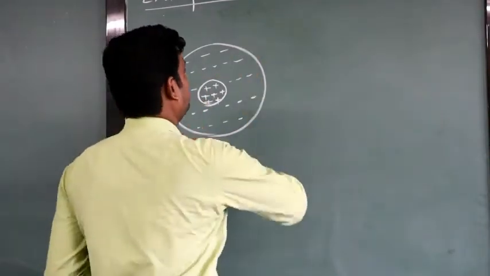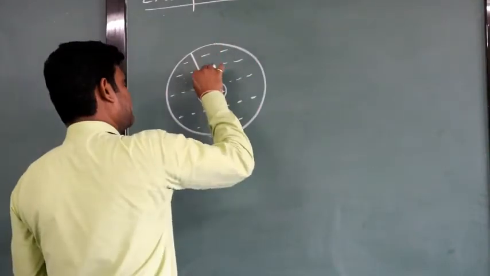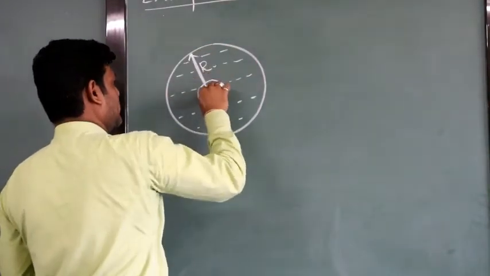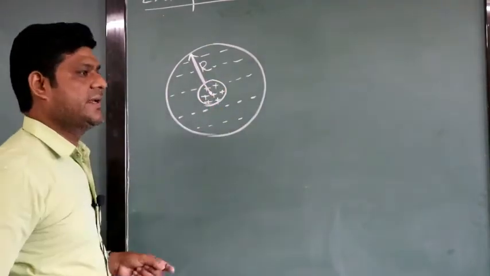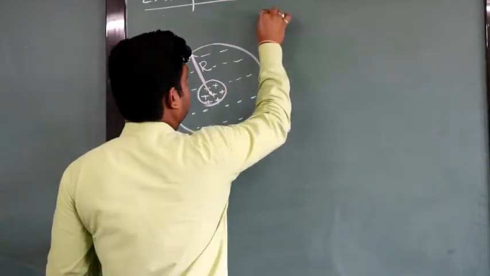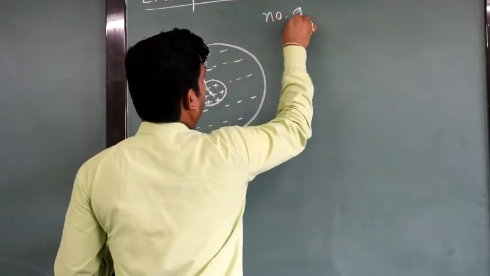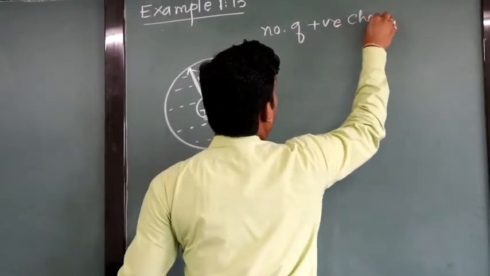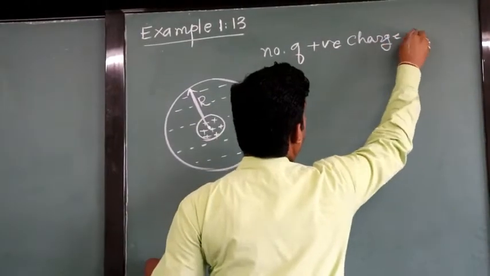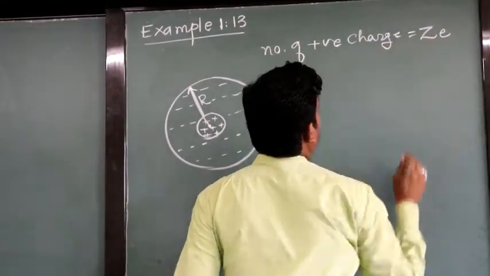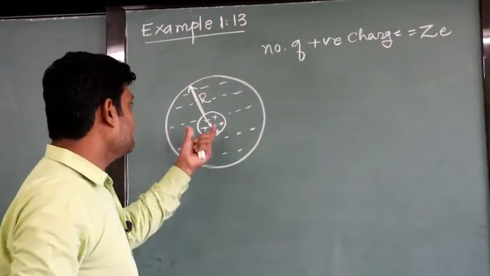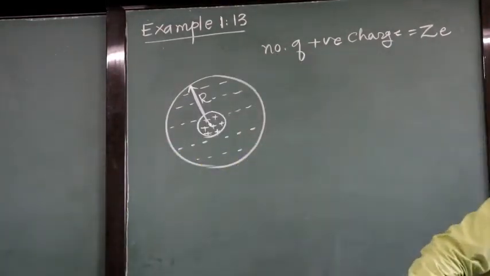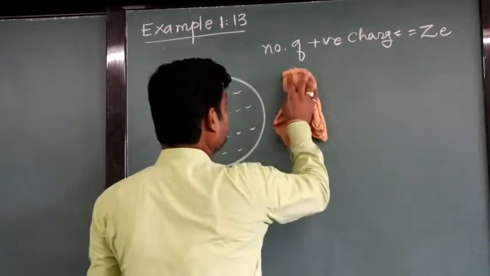First we will write here, capital R is the radius of this atom. So the number of positive charges, that we can write Z, charge on nucleus.